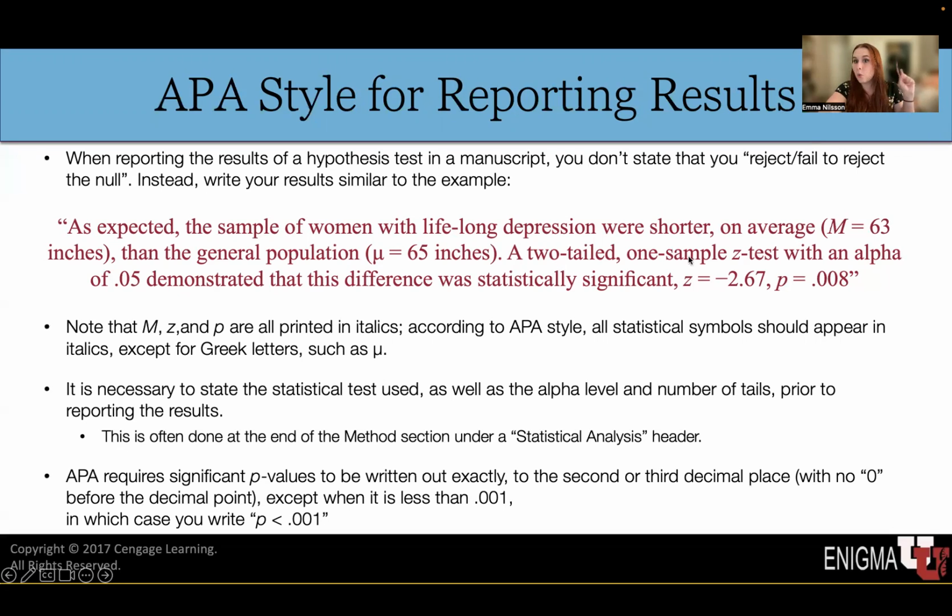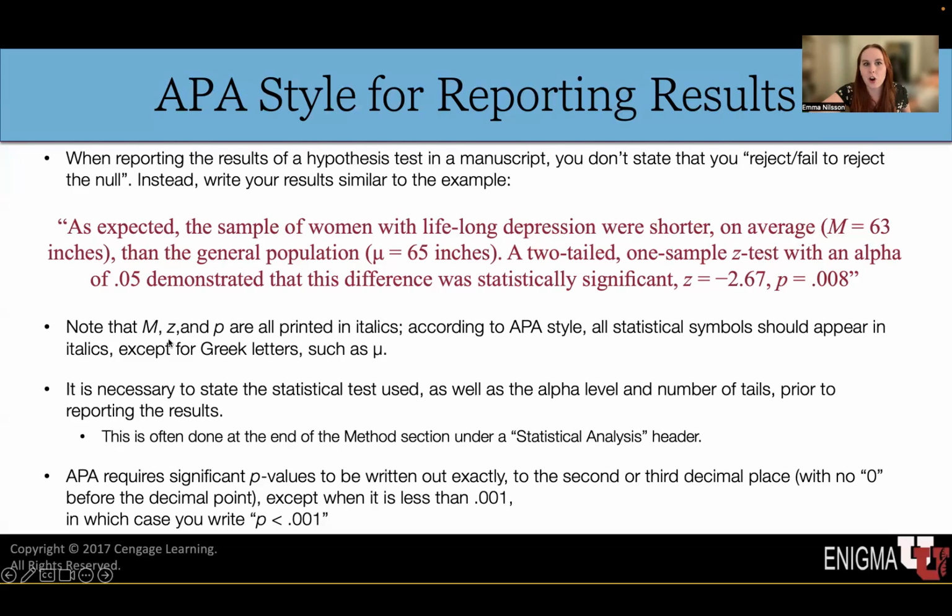A two-tailed one-sample z-test with an alpha of 0.05, this is your methods, demonstrated that this difference was statistically significant, and then you report your critical value, or the z statistic that you got, and also your p-value. In addition to this, if you were to write this, you would also need to report your effect size and your confidence interval.